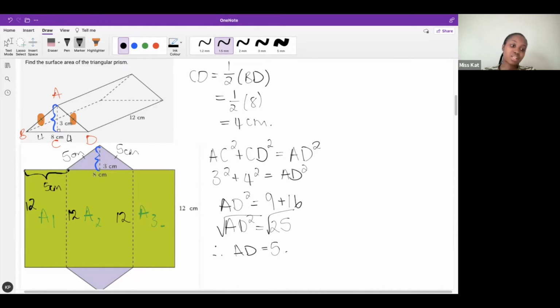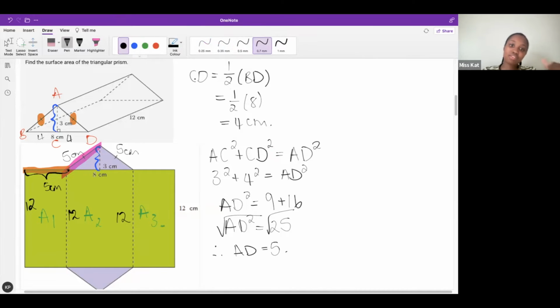It's 5 because if you fold this shape back up, this side, with my fingers if you guys can see what I'm doing, this side over here that I'm going to highlight in orange has to cover this side, which I'm going to highlight pink. And if it has to cover that side, it means it has to be 5 centimeters long. Okay, I hope everyone's good.